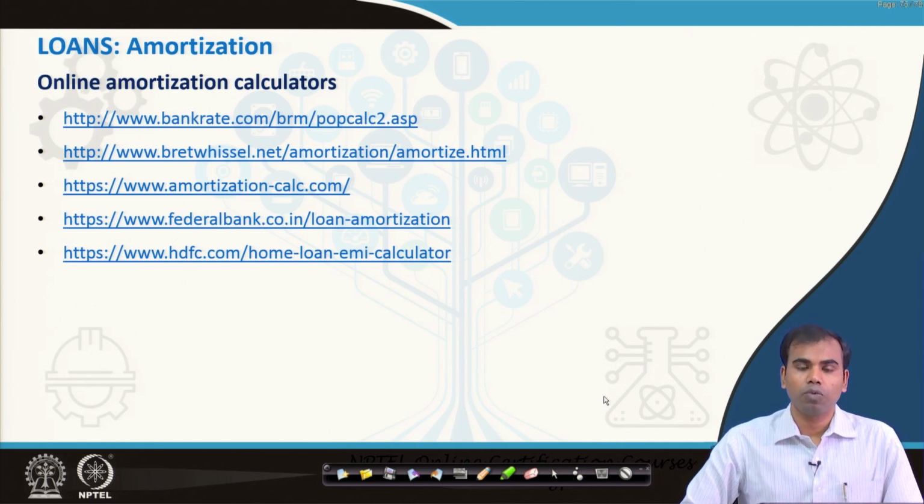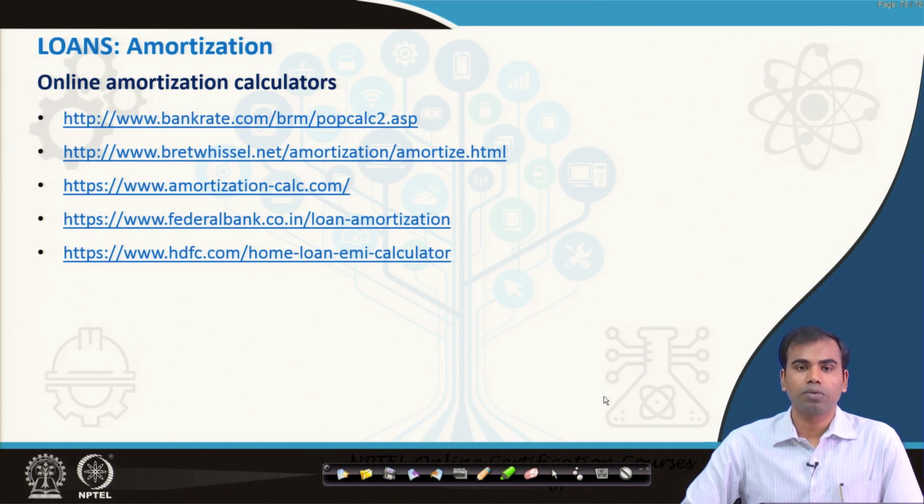Although this formula is very mathematically intense, when we try to understand more simplified approaches to determine the amount of money to be paid by borrowers to lenders in terms of loan amortization or any other credit that the consumer has taken, there are several sources available online which can be used for determining the amount of money to be paid by the borrowers to the lender at every interval.